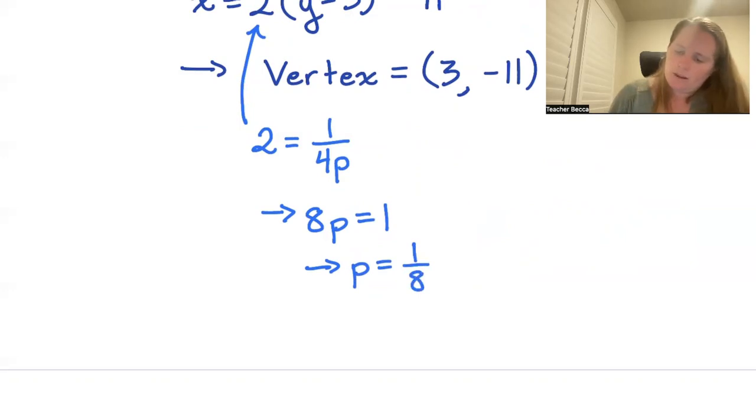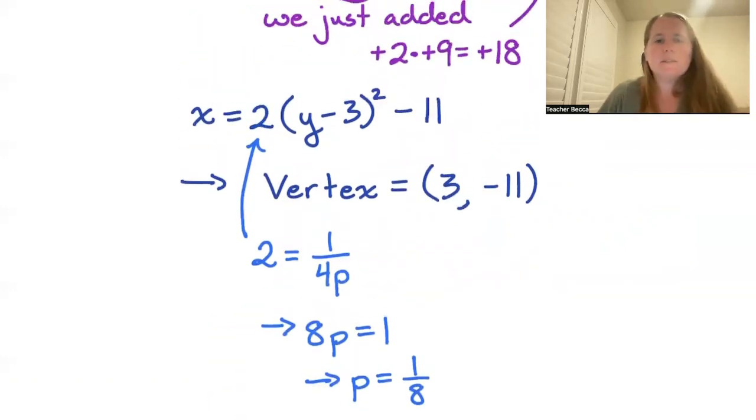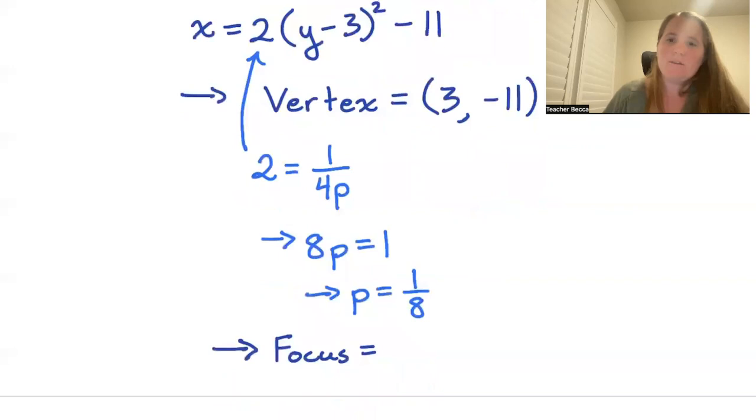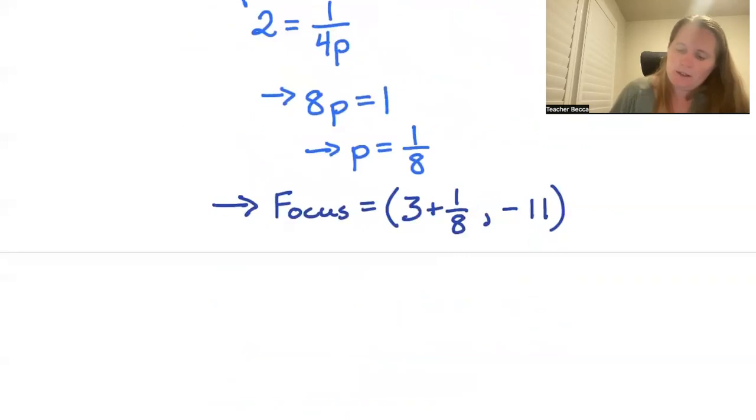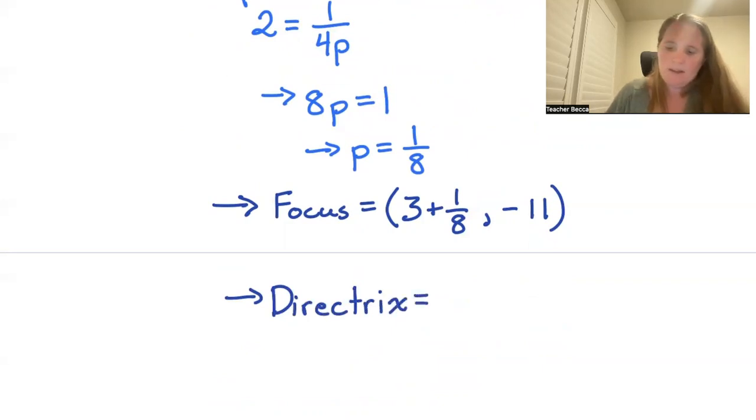So this means that we have a focus of, since we're in x equals form, that gets added and subtracted from the h, from our x coordinate. So for our focus, we would have 3 plus 1/8, and we keep our negative 11. Our directrix is going to be x equals 3 minus 1/8.